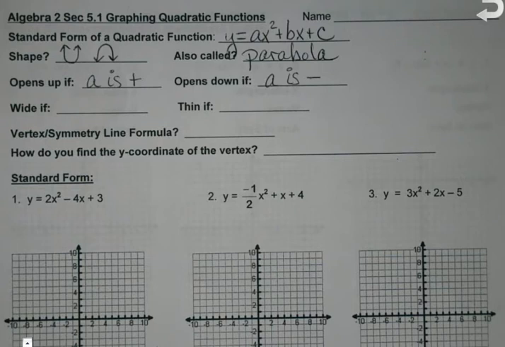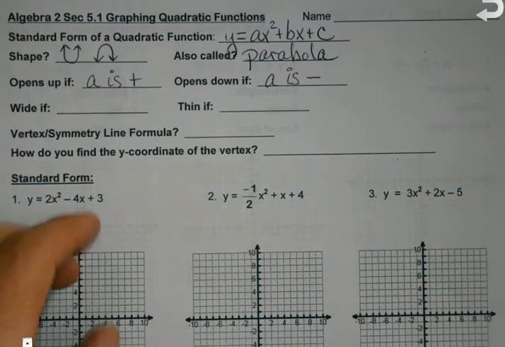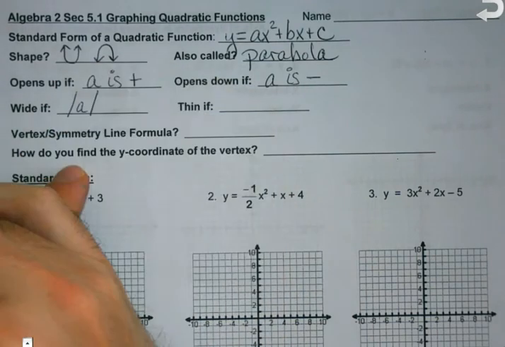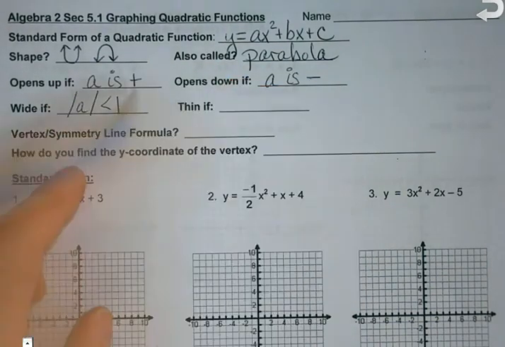So A is going to be positive or negative, and that's going to decide our up or down. Whether it gets wider or skinnier is also going to depend on A, but that's going to depend on the absolute value of A.